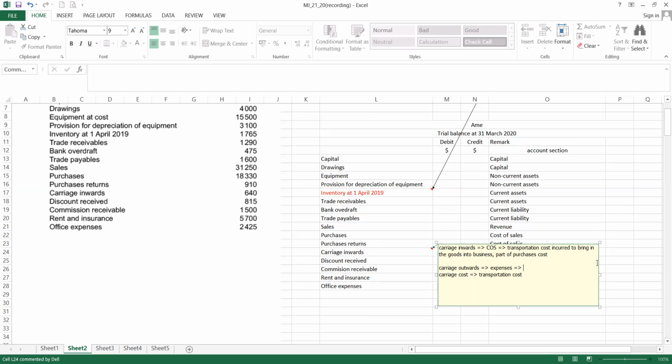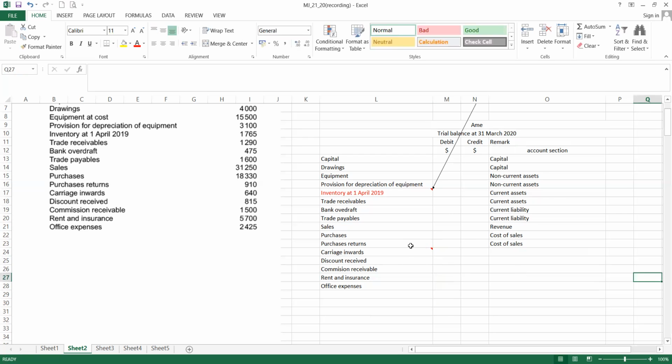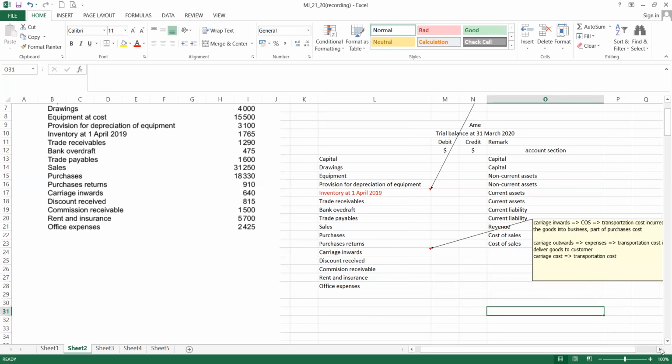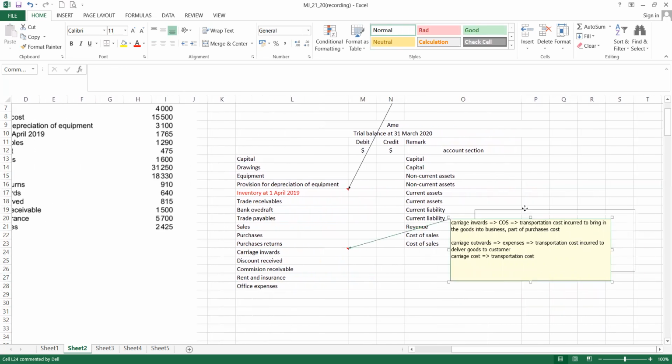Carriage outward is the transportation cost incurred to deliver goods to the customer. So this is the cost incurred sending to the customer. We treat it as part of the expenses. So take note about carriage inward and carriage outward, because sometimes the question will also ask you to define these two terms. What is the difference between these two terms?